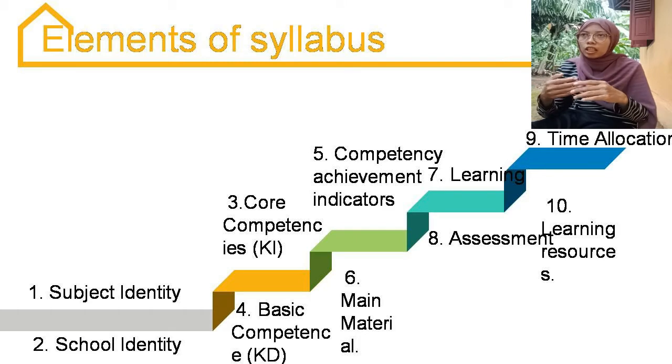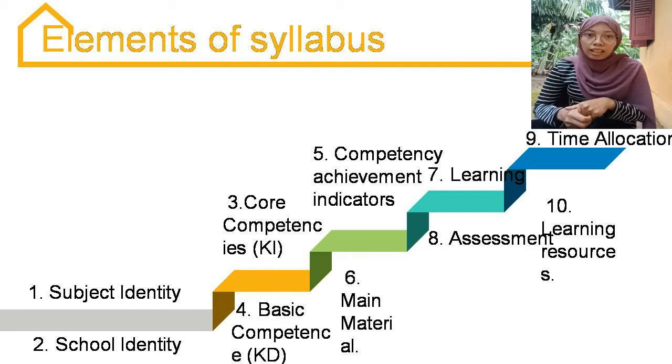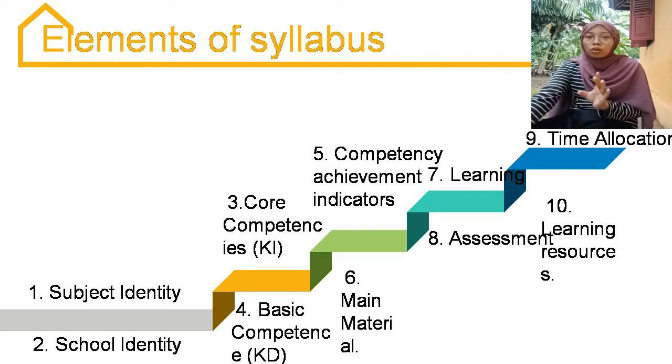Core competencies include four dimensions that reflect first, spiritual, social, attitude, and knowledge. And then basic competence or KD is a specific ability that includes attitude, knowledge, and skill related to content or subject. Basic competence or KD is the ability to achieve core competencies that must be obtained by students through learning.